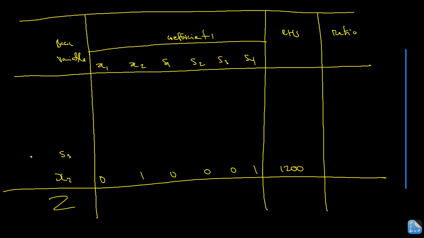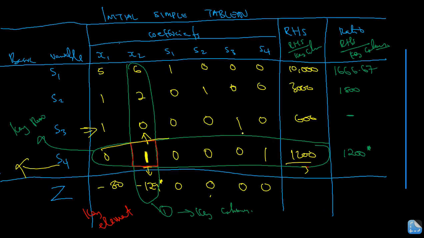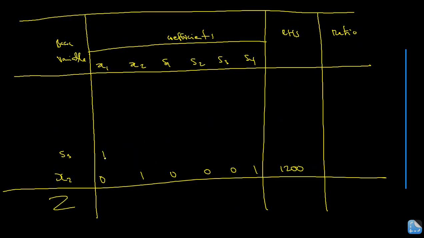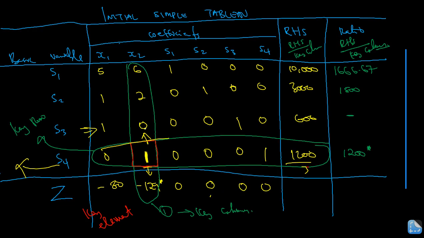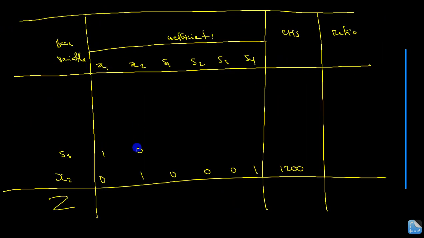So I'm going to lift the table. I'm looking for the values 1, so we have 1, 0, 0, 0, 1, 0, 600. Don't do anything with the ratios, just leave them blank as they are.